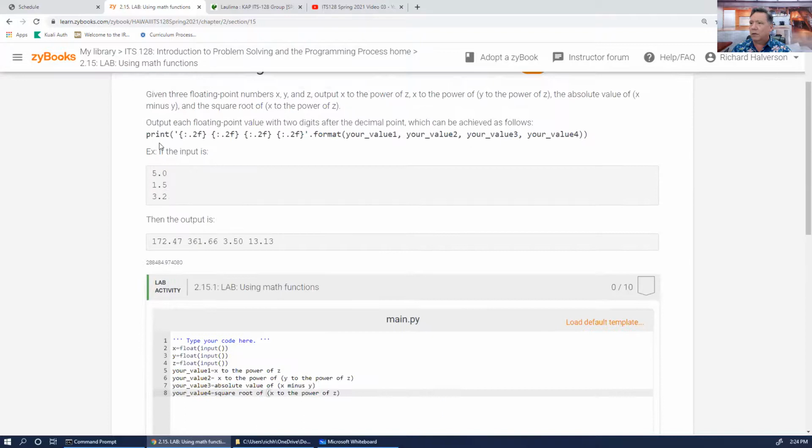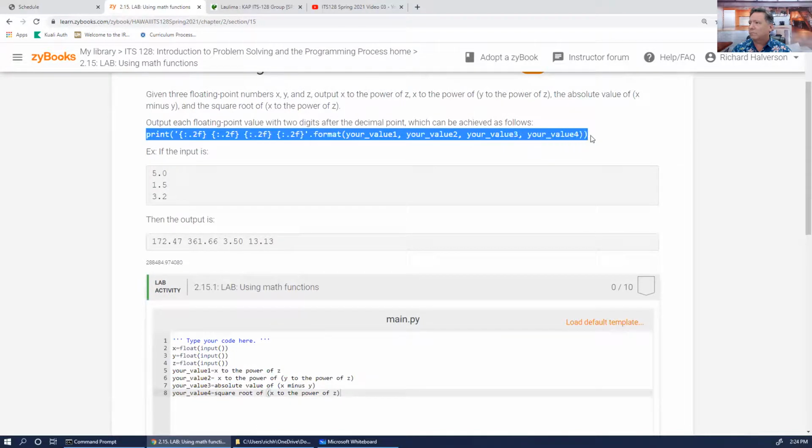And then when I'm all done, I want to print those numbers out. Copy.